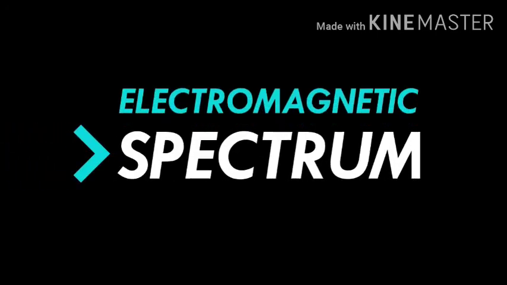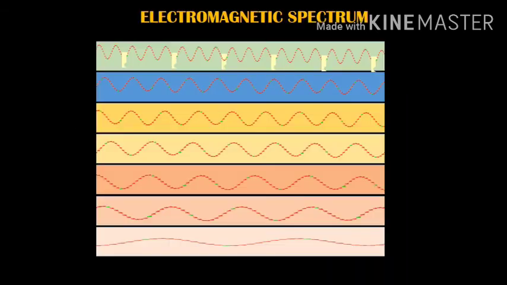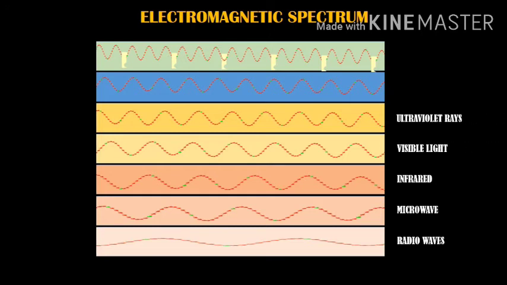Let's come now to the electromagnetic spectrum. This is a diagram of the electromagnetic spectrum. The bottom of this spectrum is where radio waves are found, followed by microwaves, infrared, visible light, ultraviolet rays, X-rays, and gamma rays.